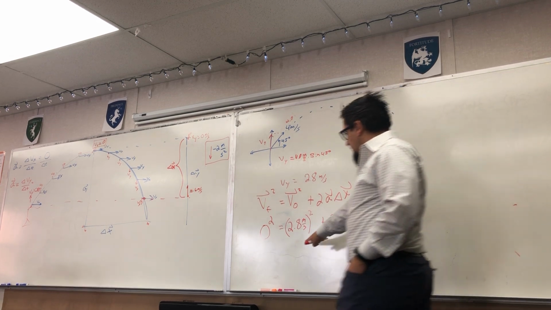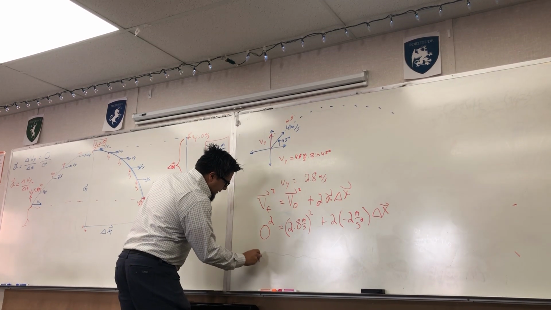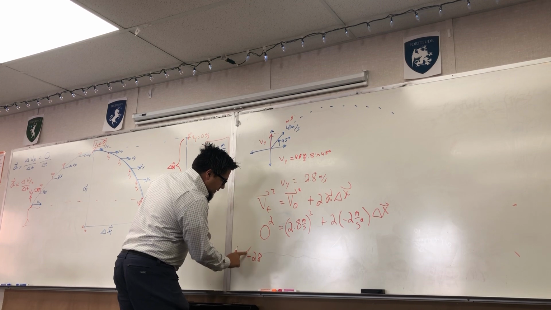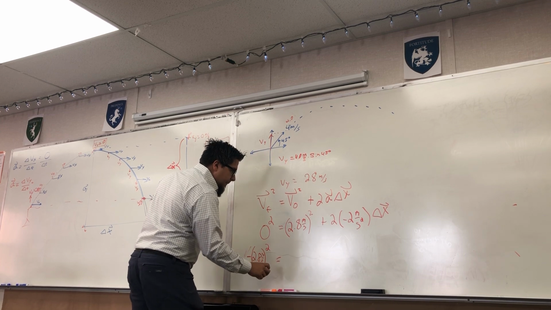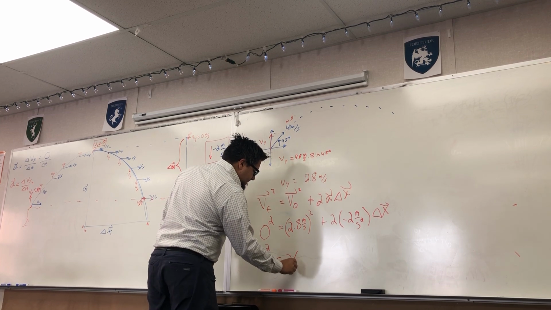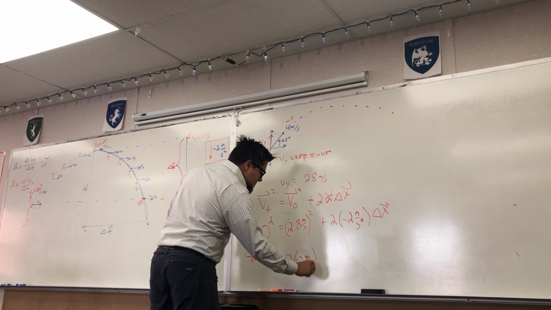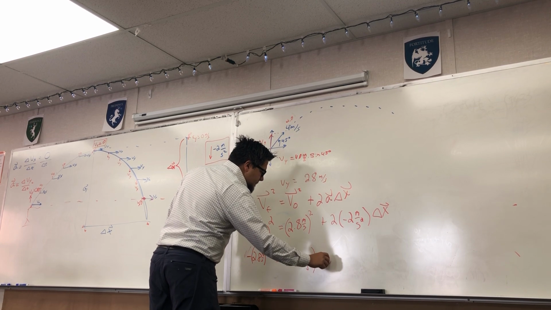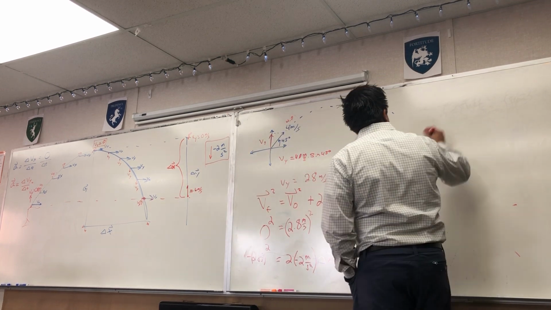So I subtract this from both sides, and I have negative 2.8. Okay, so this will be negative 4.